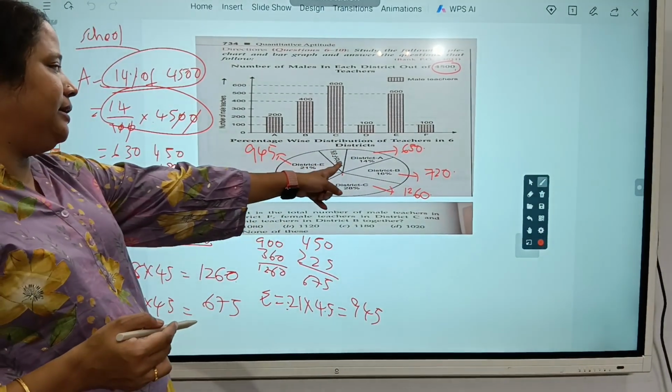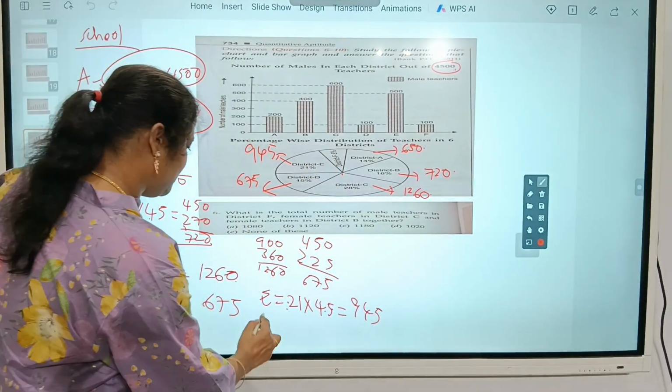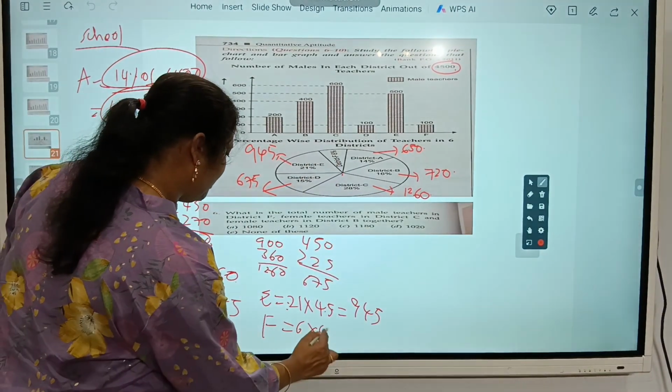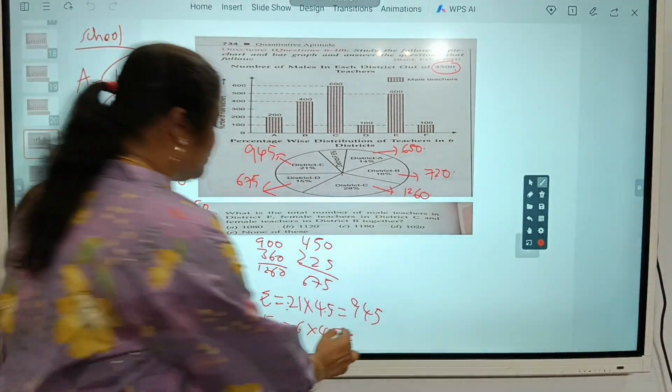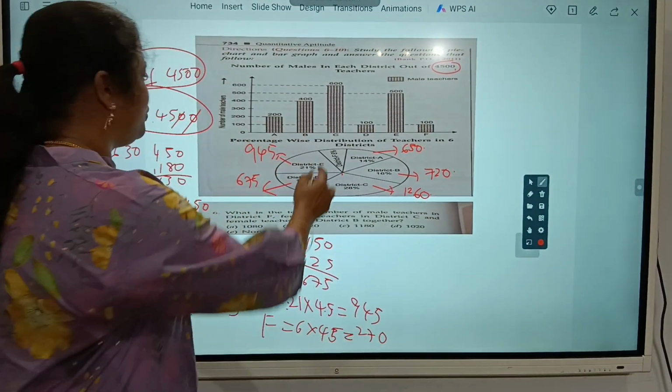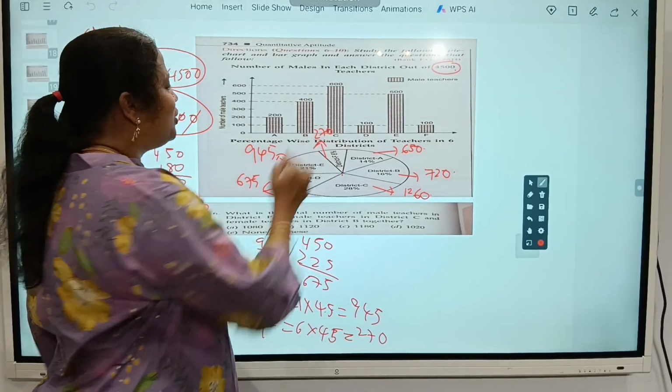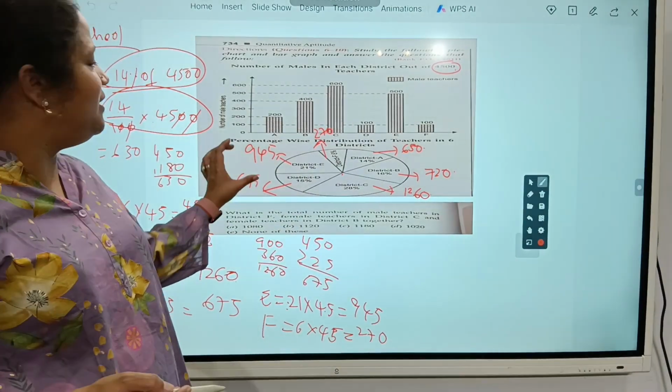In district F it is 6 into 45, means 45 2s are 90, 90 into 3 is 270. It is 270. You also learn like this how to solve with shortcuts.